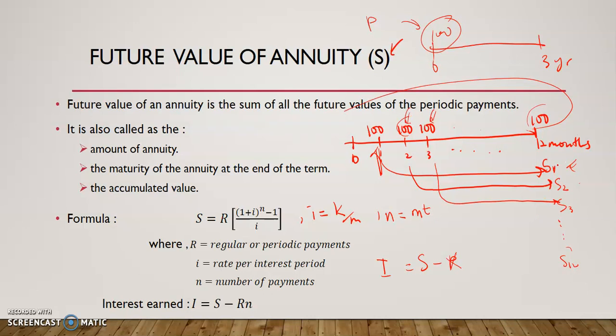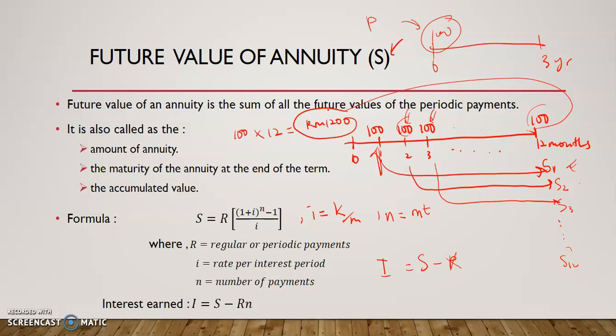So the total initial value of your investment is 100 ringgit multiplied by 12 months, which equals 1,200 ringgit. So this is actually your P for this annuity.